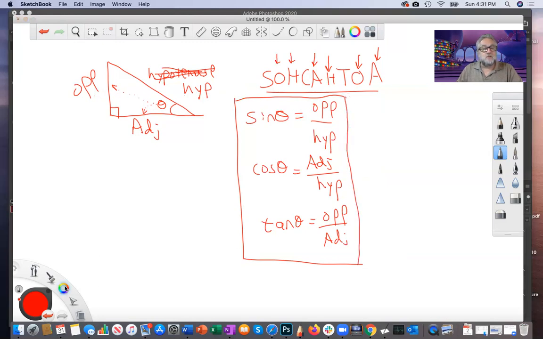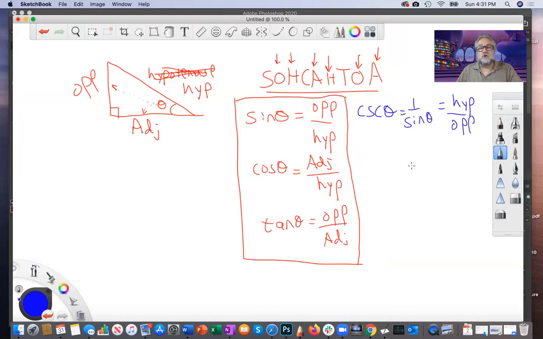Okay, now we have another set of rules, and that is cosecant theta is 1 over sine theta, which, if you're 1 over sine, you end up flipping this over. It is hypotenuse over opposite.